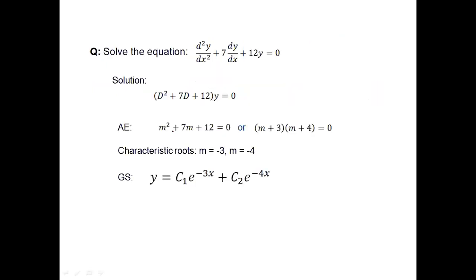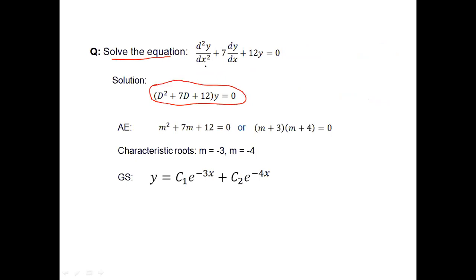Okay, let's look at an example. For this example, we're saying solve the equation d2y/dx2 plus 7 dy/dx plus 12y is equal to 0. Solution: first we express the given equation in the D notation.